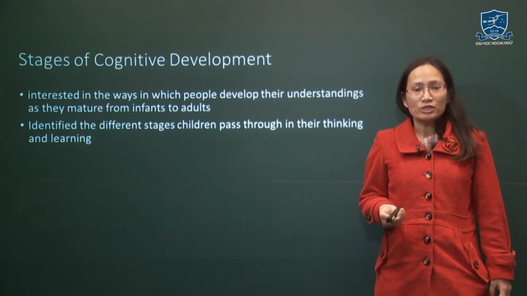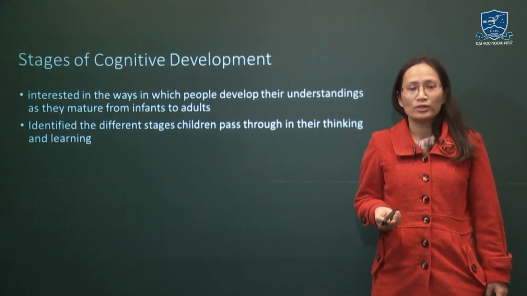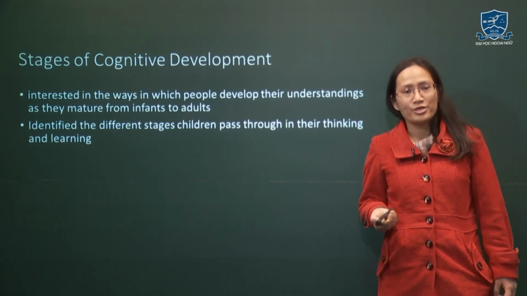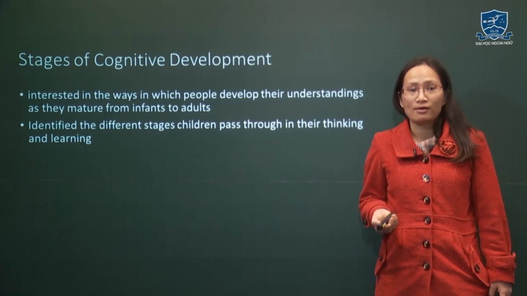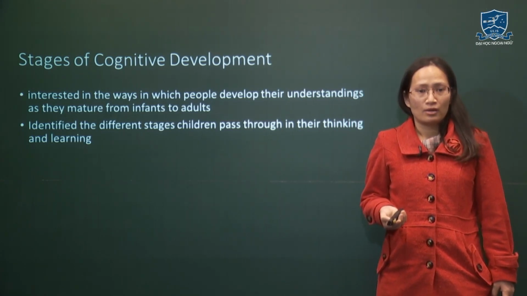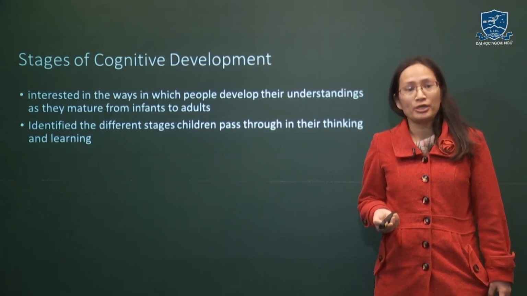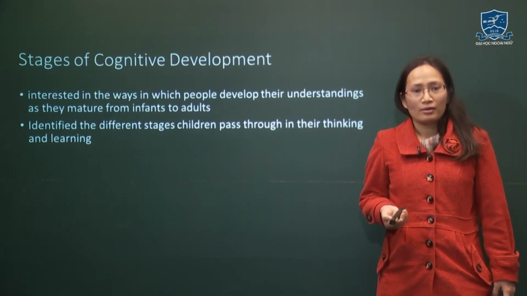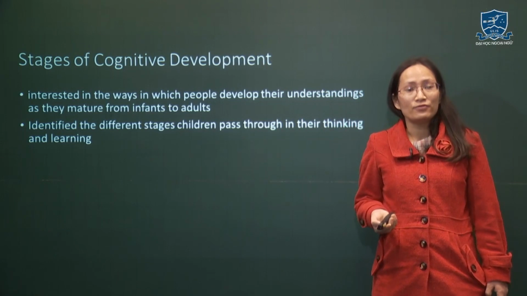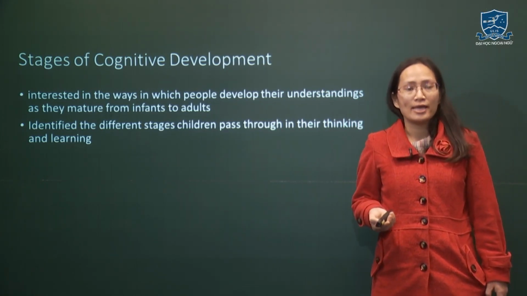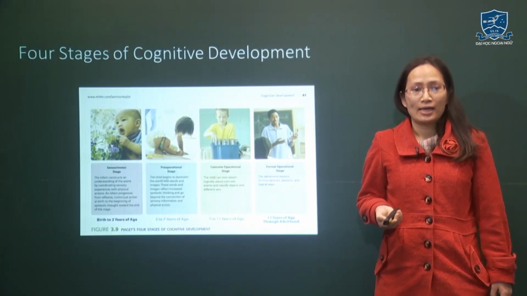Piaget is interested in the ways in which people develop their understanding as they mature from infants to adults. He made his contribution by highlighting the different stages that children pass through in their thinking and learning.